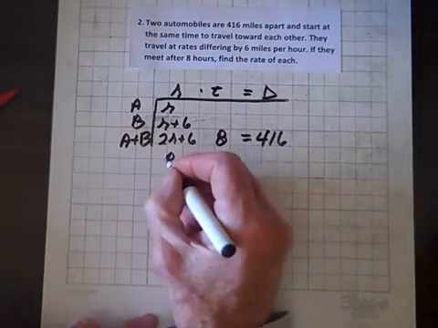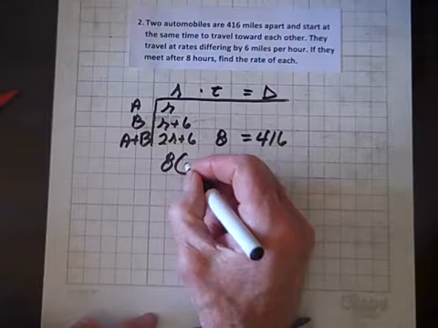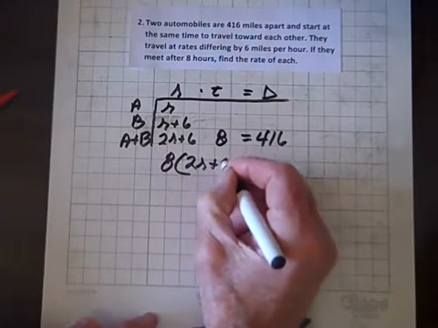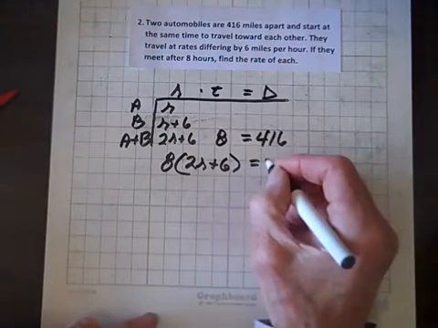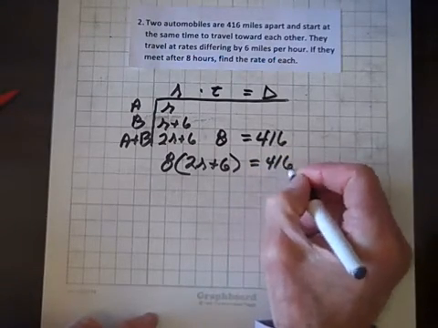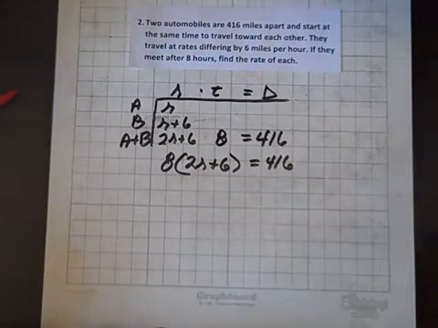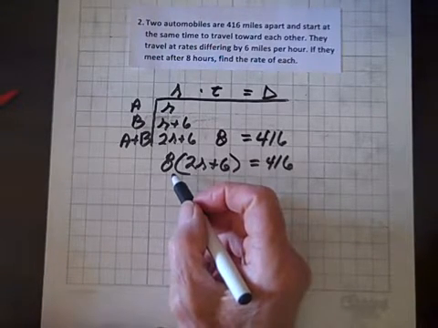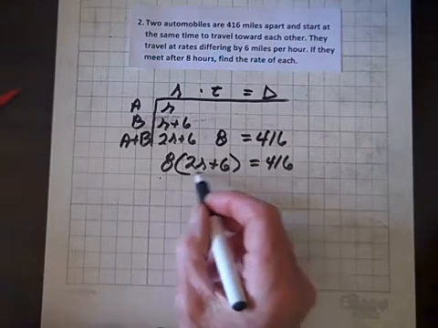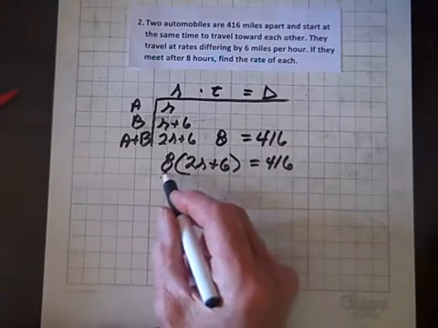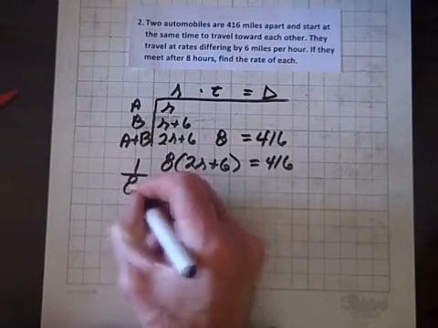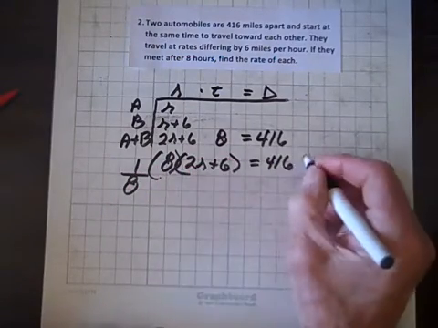That means 8 times the rate, which is 2r plus 6, equals 416 miles. Now we have to isolate the term with r in it. Well, we've got two factors here, and r is in this factor, so we've got to get rid of this 8. So we'll multiply both sides by the reciprocal of 8, which is 1 over 8.